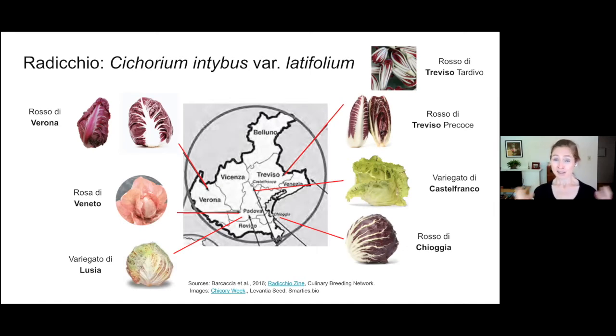Over the next couple of hundred years, the Treviso Precoce and Verona types were gradually selected into different shapes, different width of the rib. And then in probably the last 150 years or so, the lower types, the Veneto, Castelfranco, Chioggia, Lucia, have been developed for these very distinctive shapes and colors and flavors.